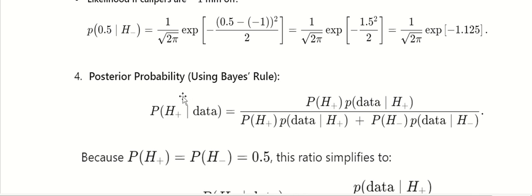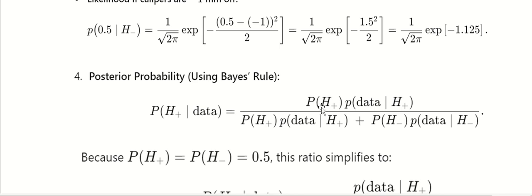The posterior, this is what we need to estimate finally. The posterior probability using Bayes' rule will equal, as we said before, the prior multiplied by the likelihood over the probability of the data itself. What we realize here is that the prior probability of being +1 mm off or -1 mm off is equal.